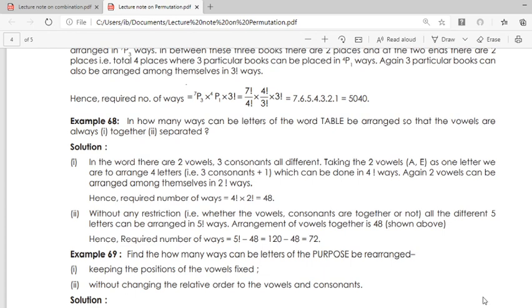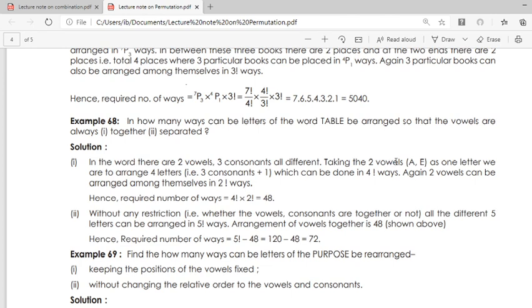Let's see this example 68. In how many ways can the letters of the word table be arranged so that the vowels are always together, or separate? Now, if you look at the letters of table, you have 2 vowels and 3 consonants. Now, how many ways can they be arranged together?